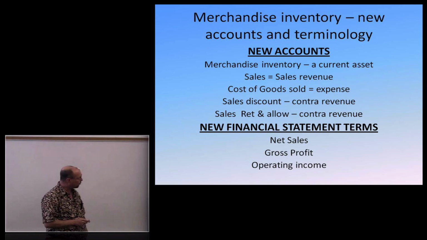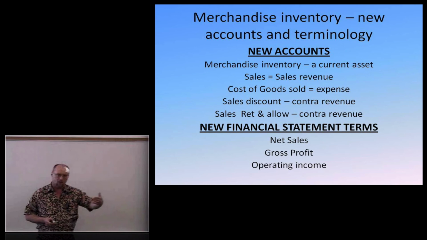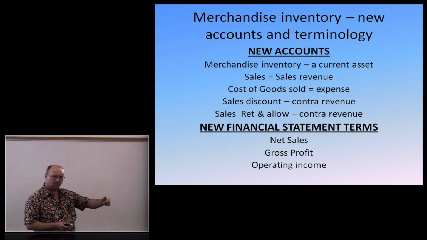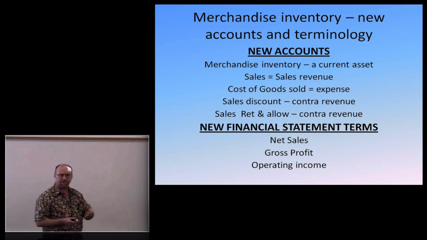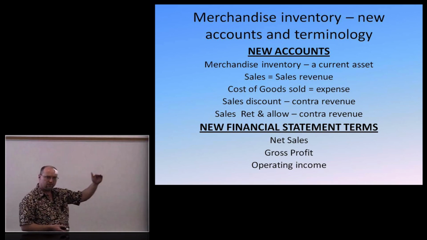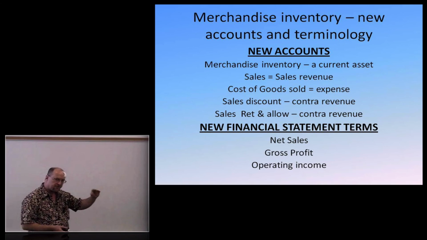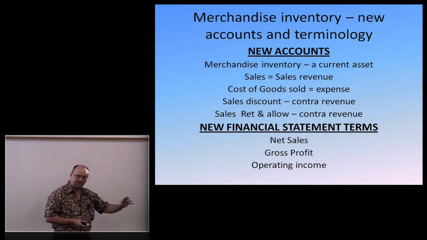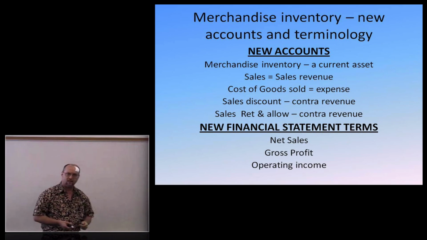Cost of goods sold. Okay, this is the cost of the merchandise that we bought from whatever company. Okay, and so if I bought a textbook for $50 and I sold it for $70, my sales revenue is $70. My cost of goods in this case being the books, the cost of the book sold was $50. Okay, and I made a $20 profit.